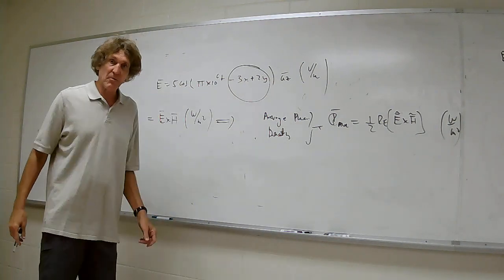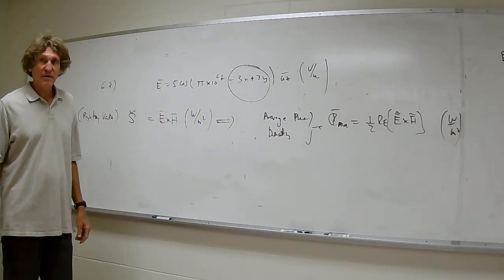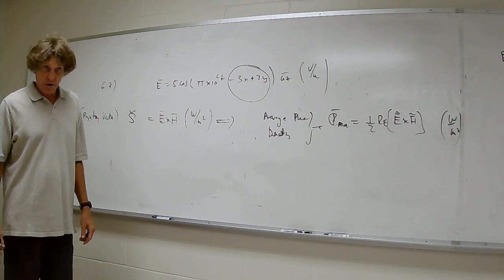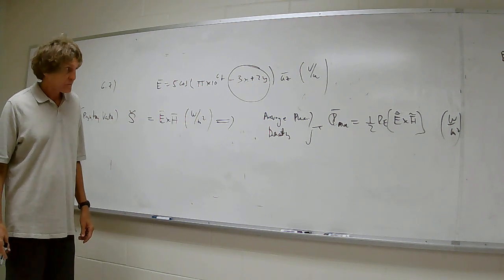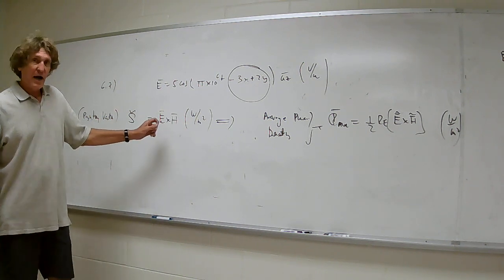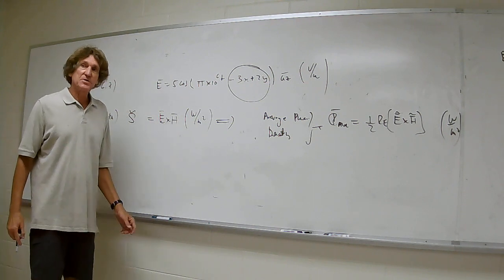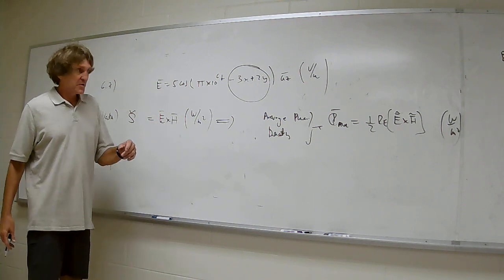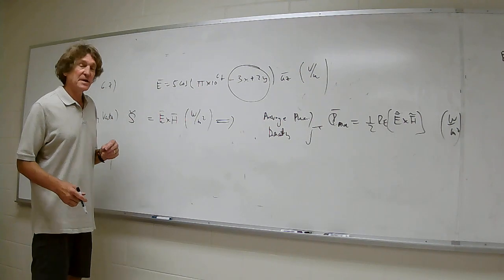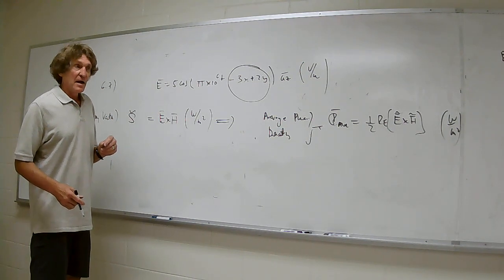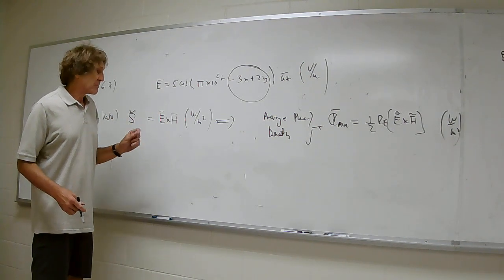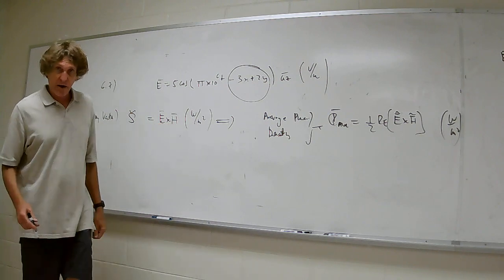I want you to just bear with me in this one, because I'm going to make your life a little easier in a second. Y'all with me on this? I know one thing: E cross H is going to have a magnitude. It has to do with the actual power density, instantaneous power density. But it also has a vector component that is the direction of the power flow.